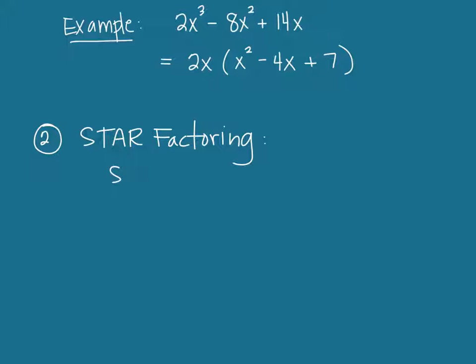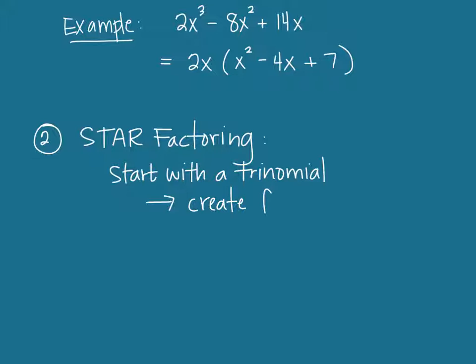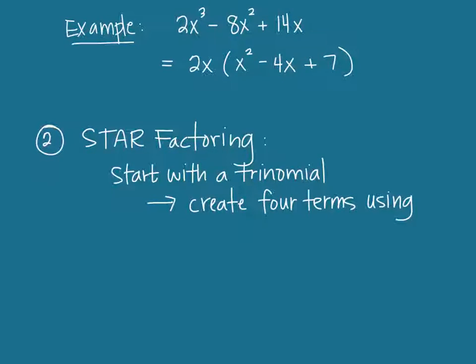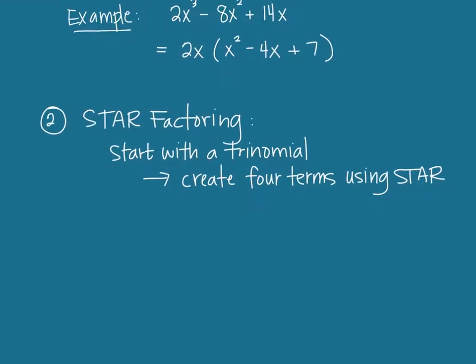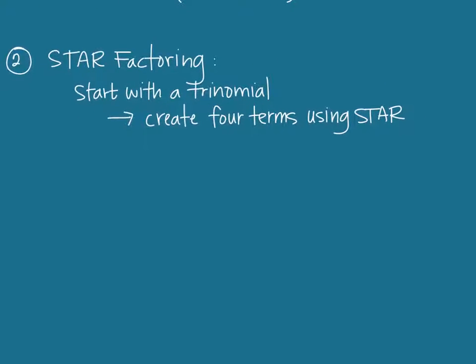In star factoring, you start with a trinomial which has 3 terms, and then you create 4 terms, and that's what that star is for. So I'm going to review with you how that works. You start with a trinomial, but then you're going to create 4 terms using star.